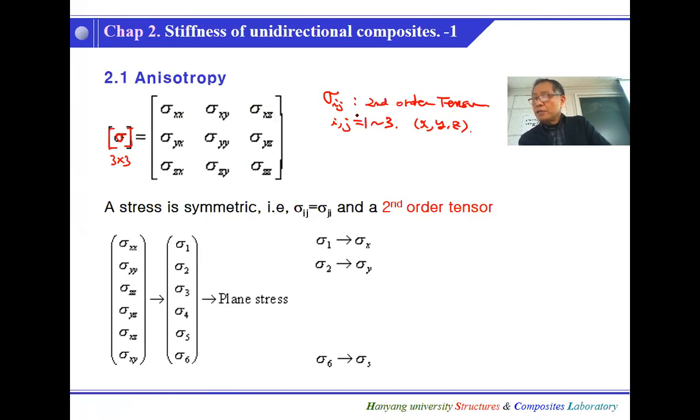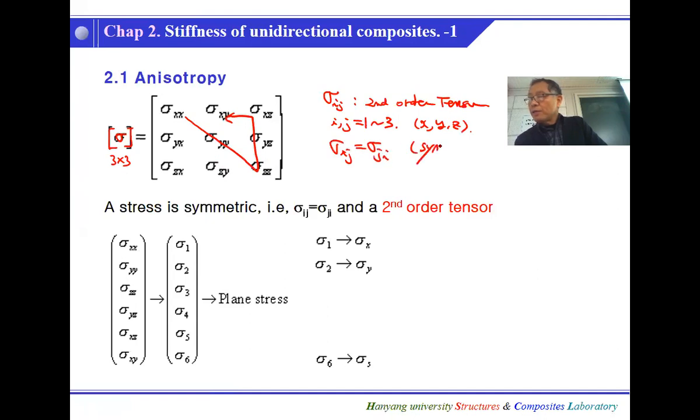And this is the tensor notation. But sometimes it's more convenient to use a vector form. This is not a vector, but it's a vector form, meaning we just list these 9 components as 6 components, simply because sigma ij will be sigma ji.